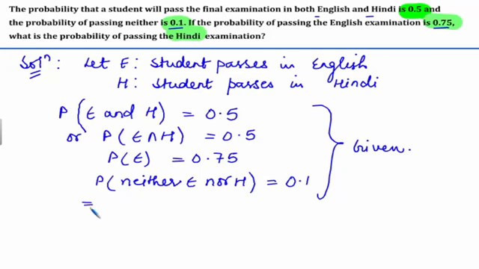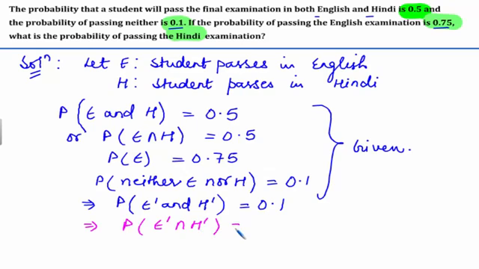Now this implies that probability of not E and not H is equal to 0.1, which implies that probability of not E intersection not H is equal to 0.1.